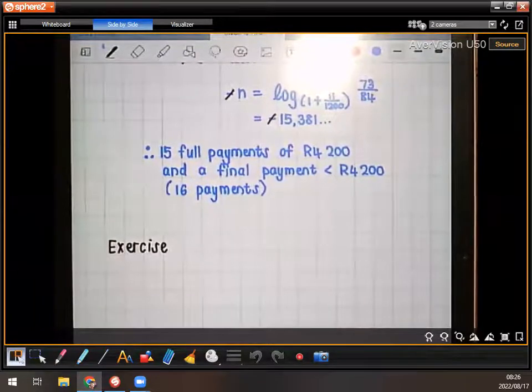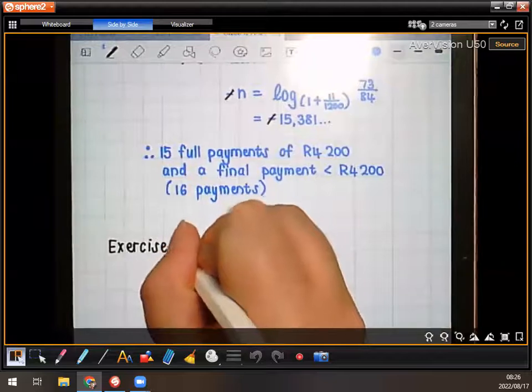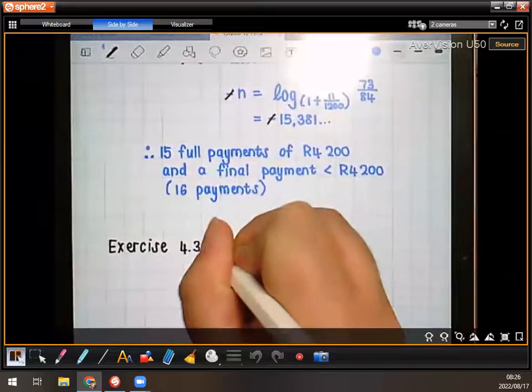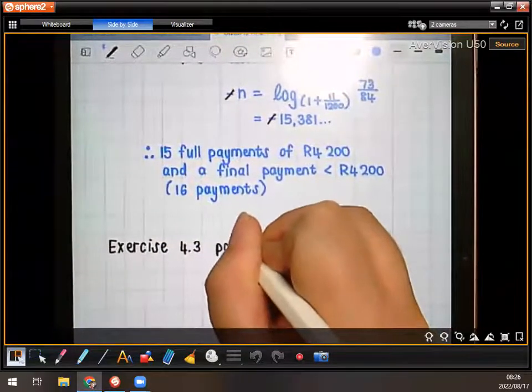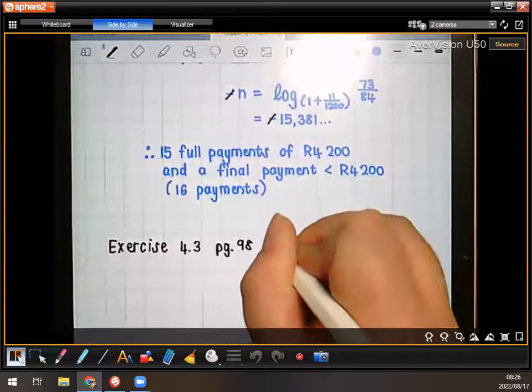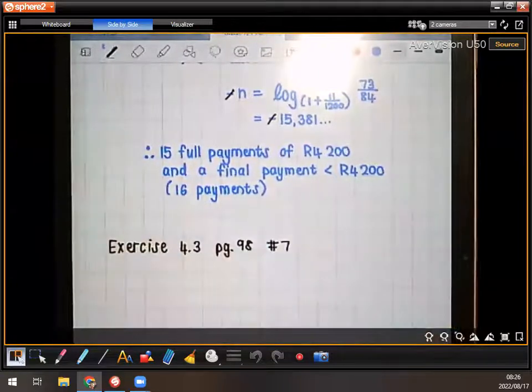Not a lot, we just need to try and look at ones that are a little bit more complicated. Okay, so it is exercise 4.3 again. Now the exercise is on page 97, but the question that you're going to do is on page 98. So it's number 7.